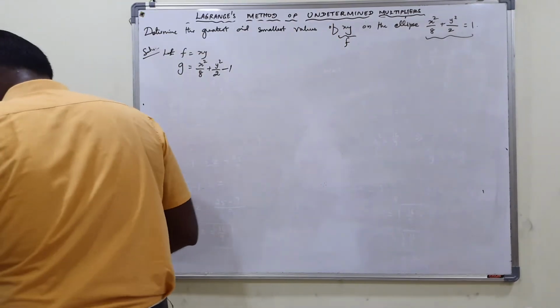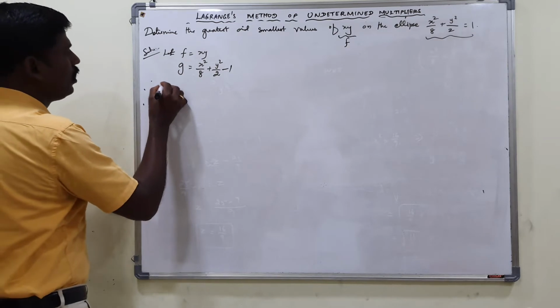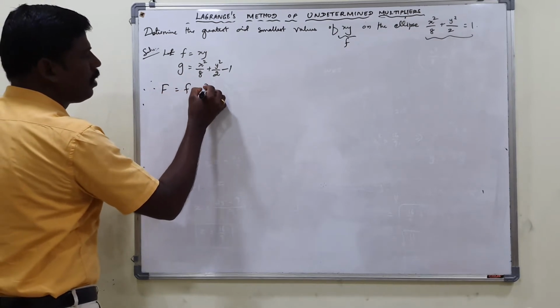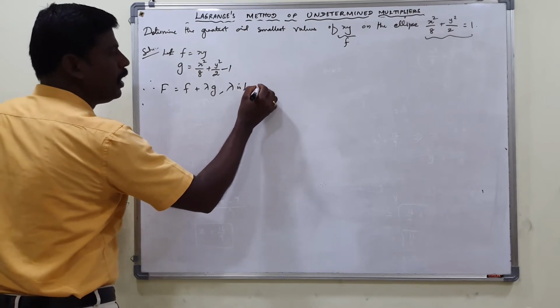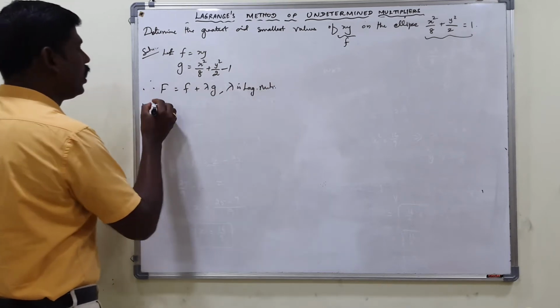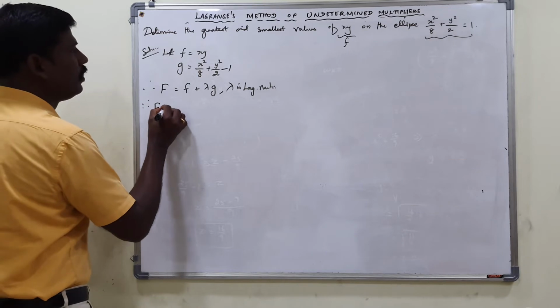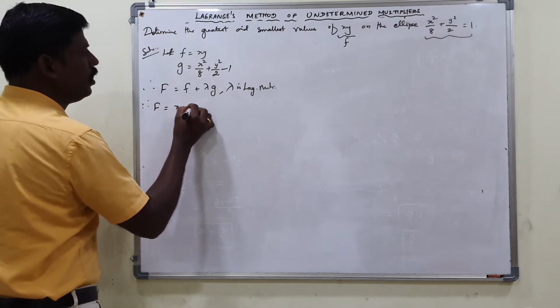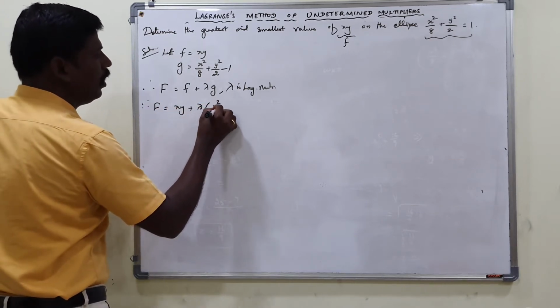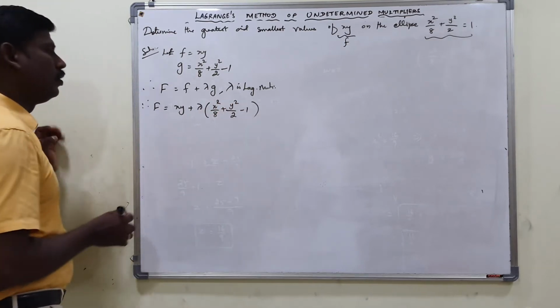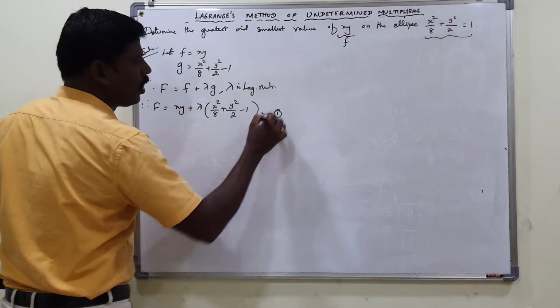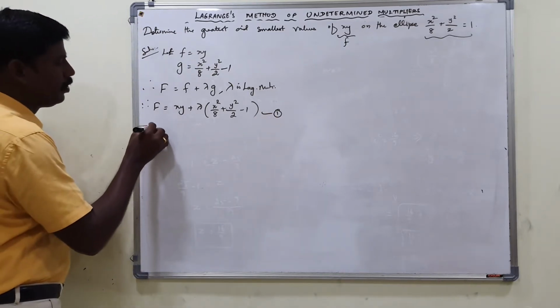Therefore the auxiliary equation F is equal to f plus lambda into g, where lambda is the Lagrange multiplier. Therefore F is equal to xy plus lambda into x square by 8 plus y square by 2 minus 1. I call it equation number 1. Now I am going to find out Fx.